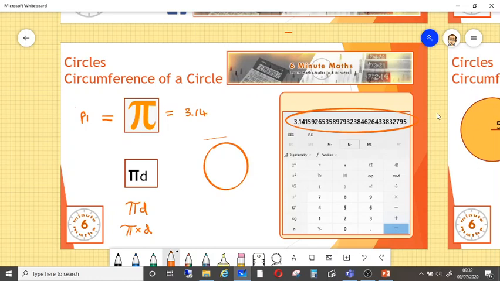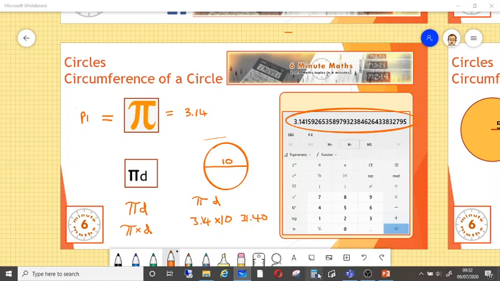So if I've got a circle and the diameter is 10, then to work out the circumference of that circle, we use the formula pi d, which is pi times the diameter. So if pi stands for 3.14 times by 10, the answer is 31.40.